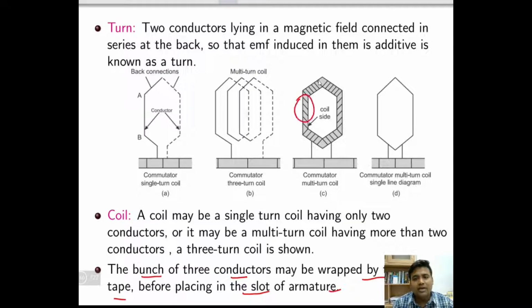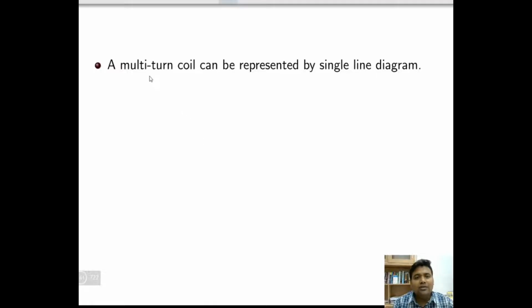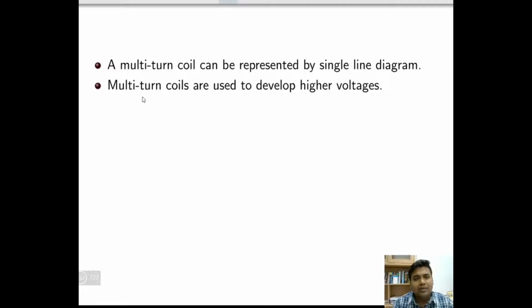This is the cotton tape present before placing in the slots of the armature. A multi-turn coil can be represented by a single line diagram, and multi-turn coils are used to develop higher voltage. So instead of a single turn coil we can prefer a multi-turn coil in order to increase the level of the voltage.